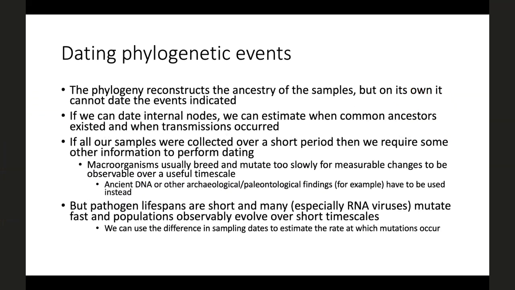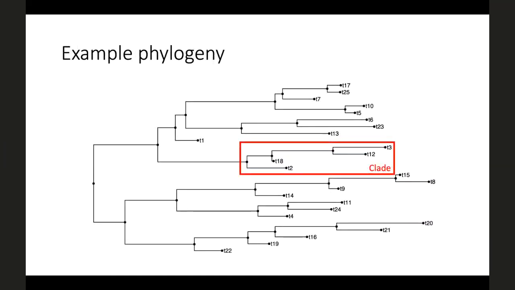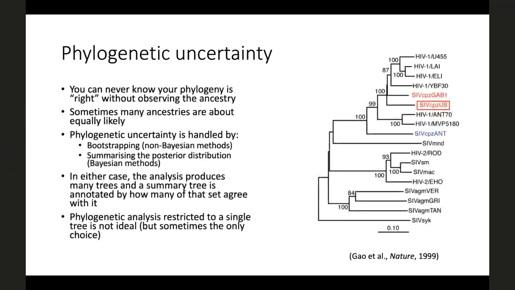So the phylogeny reconstructs the ancestry of the samples you have, but on its own, it can't date the events indicated. So if you've got a tree like this, you think it's the right tree, you know what order the ancestors existed in, but you don't know when those ancestors existed. You have no idea of how the length of the branches, if they're in mutations, translates to the length of the branches in time.